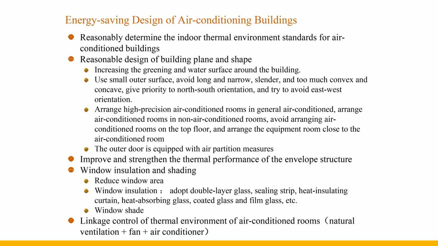When the indoor temperature is lower than the outdoor temperature, it is naturally ventilated, and the fan is turned on when the outdoor temperature rises and does not meet thermal comfort. When the indoor temperature is equal to the human body surface temperature, close the window and turn on the air conditioner.